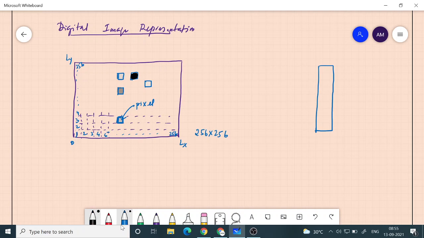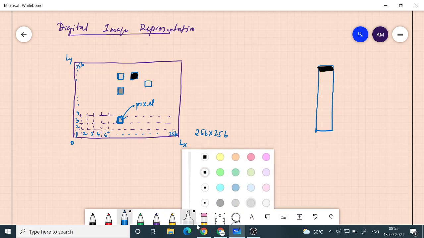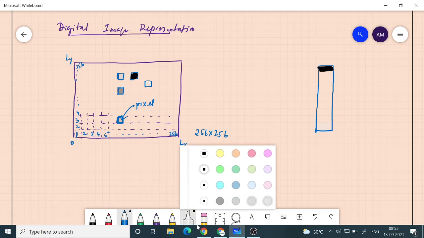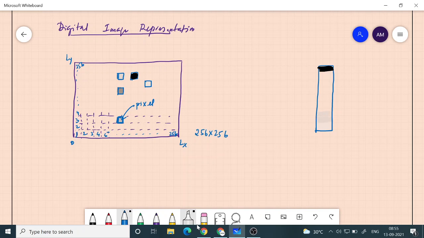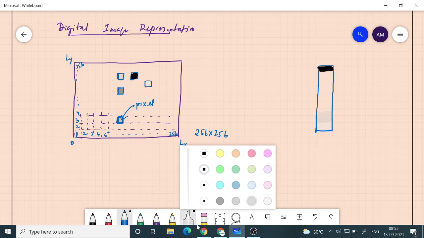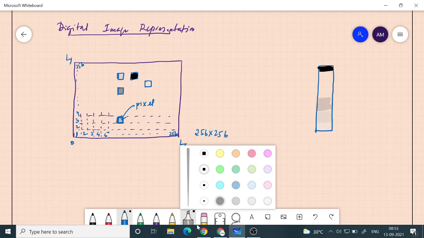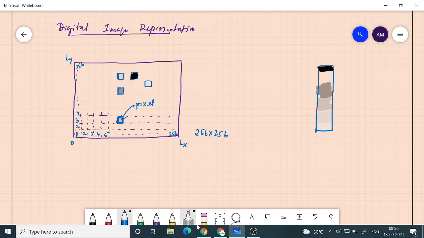This side I have complete black, and this side I have complete white, and then I have variations like this.